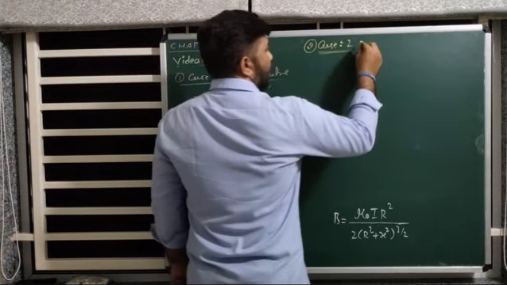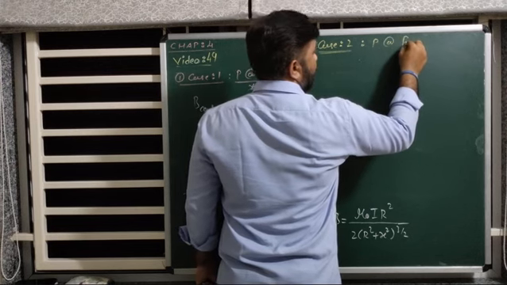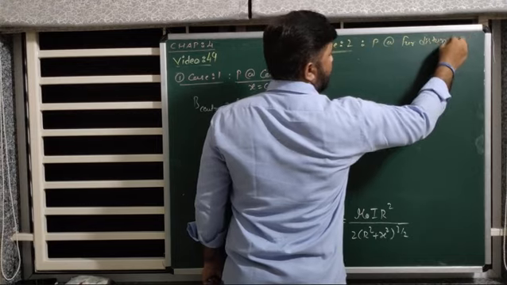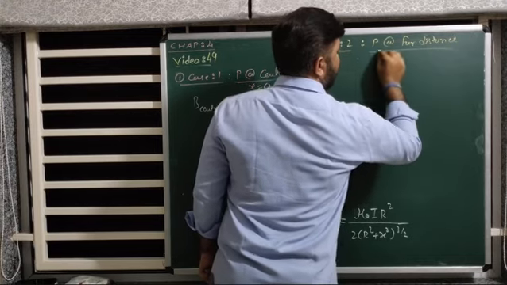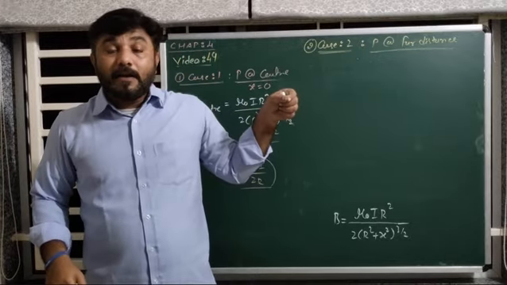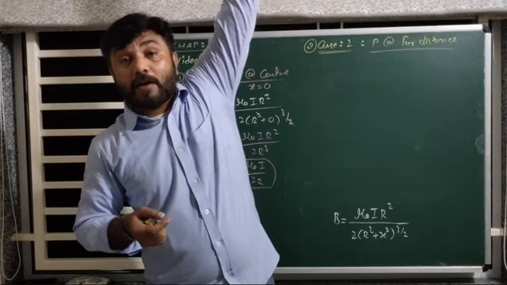Okay, where is point P? Point P is at a far distance, means this is the circular ring. Point P is here in our regular theory, but point P is very far.